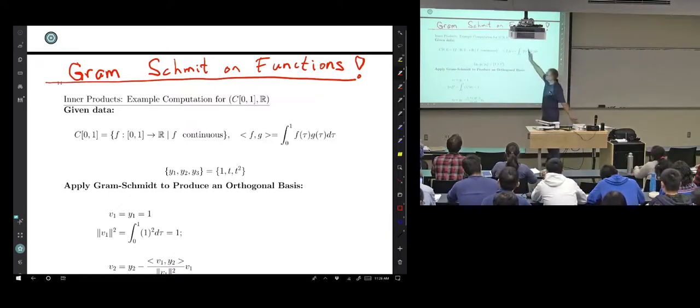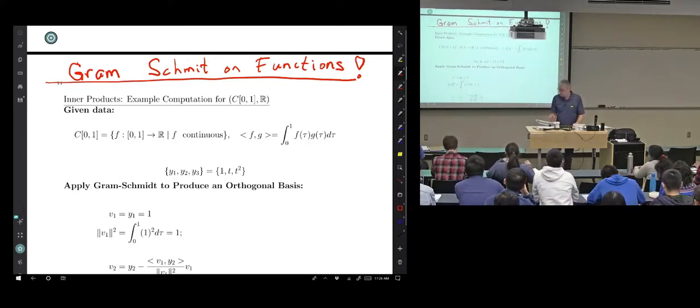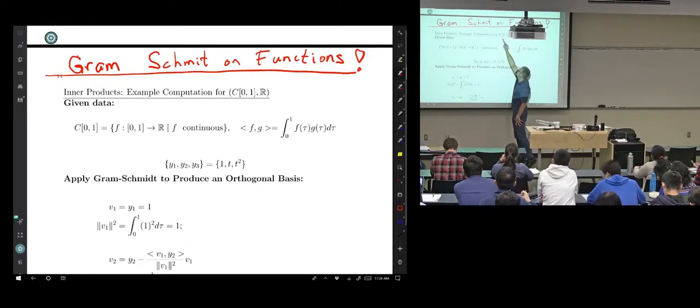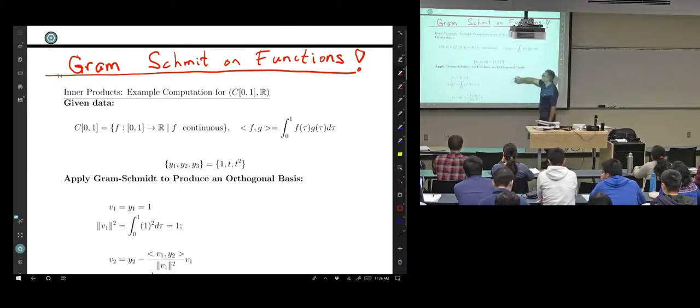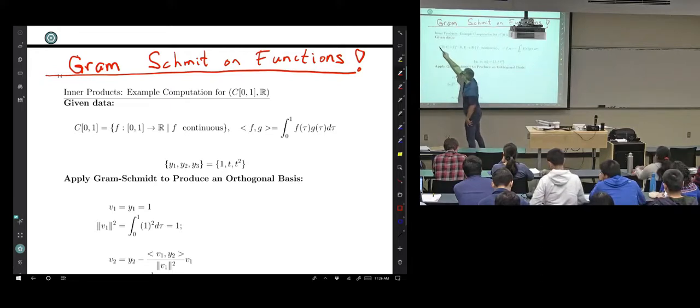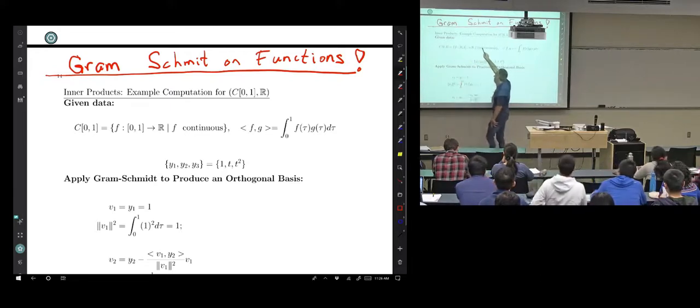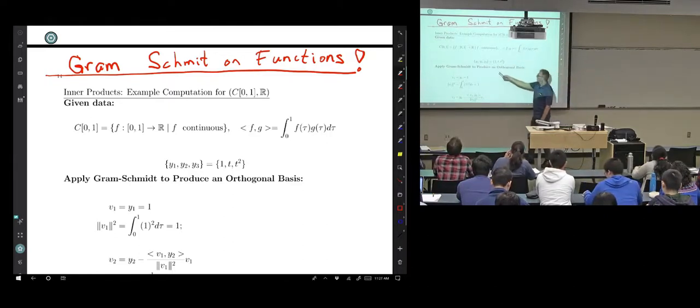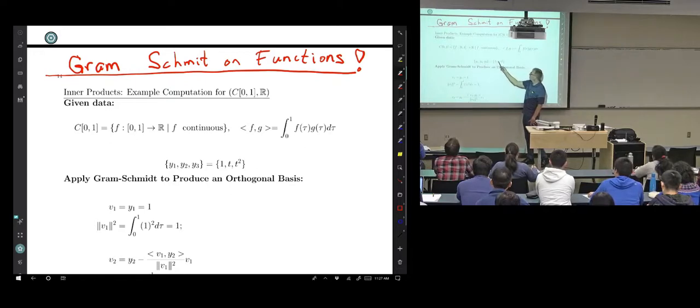Here's a worked example of doing Gram-Schmidt on functions, okay? So I've got functions on 0, 1. This is a set of continuous functions, real valued. The field is the real numbers. So here's continuous functions on the interval 0, 1. There's the inner product, integrate from 0 to 1. And we do Gram-Schmidt on the monomials.